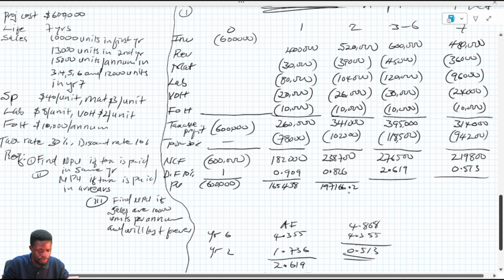When you go to year 4, you have 276,500 multiplied by 2.619, which will give you 724,153.5.